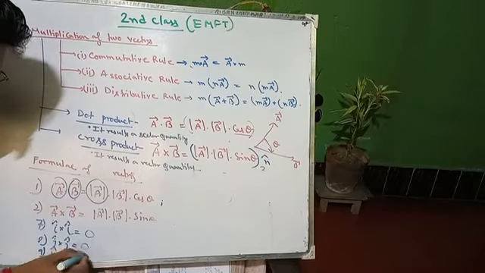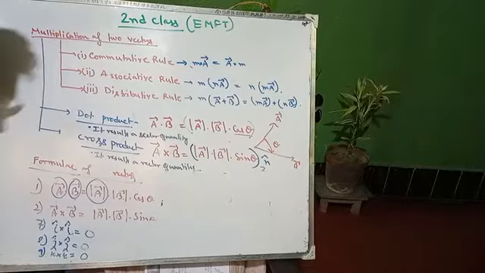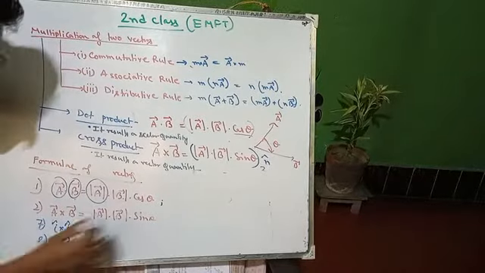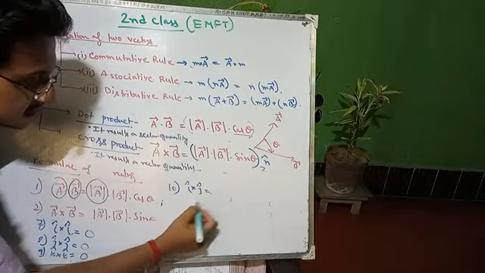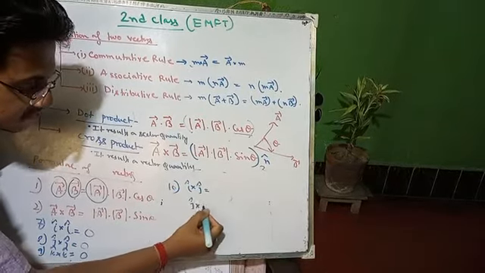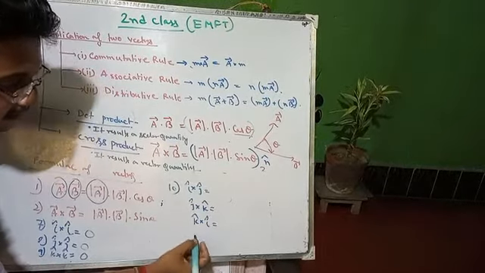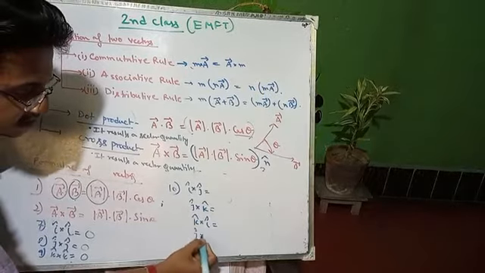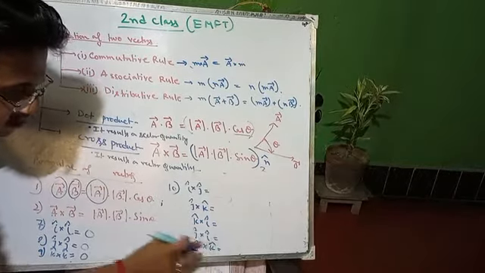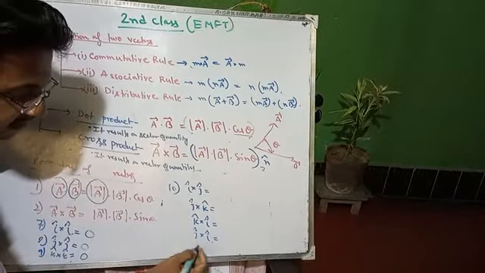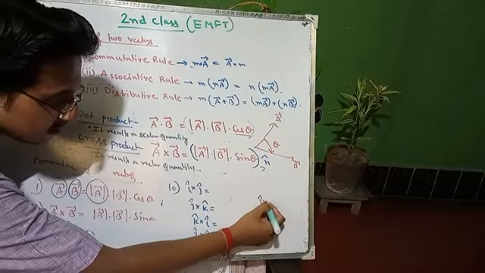Similarly, the values of j cross j and k cross k will also be 0. They are all 0. But the important ones are I cross j, j cross k, k cross I, and now j cross I, k cross j, and lastly I cross k.